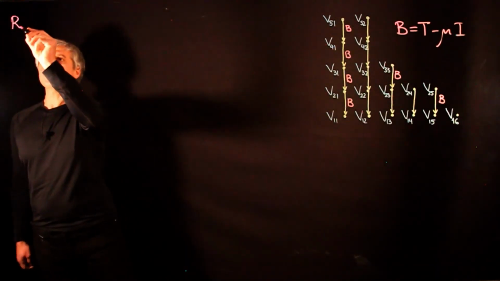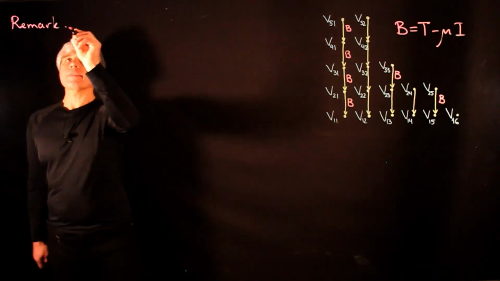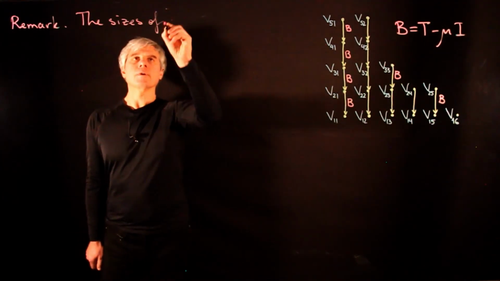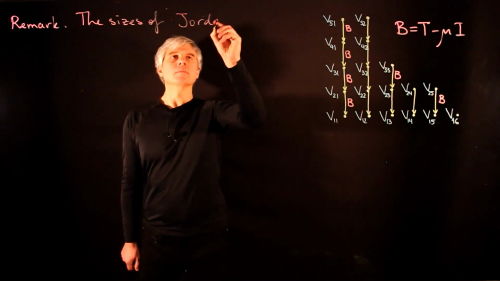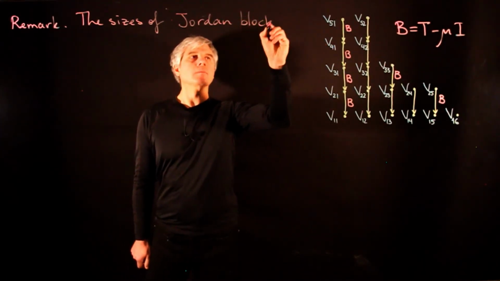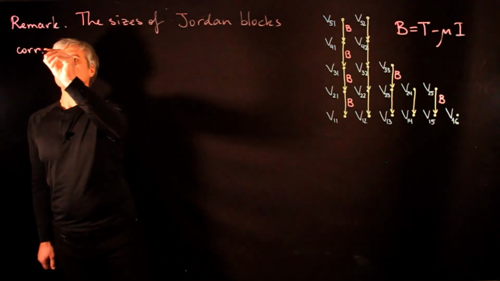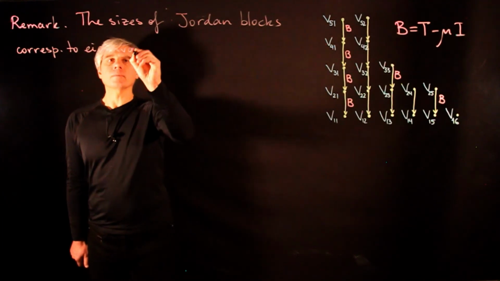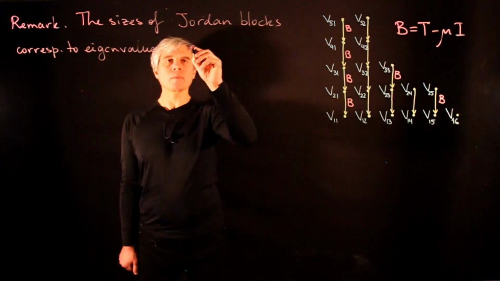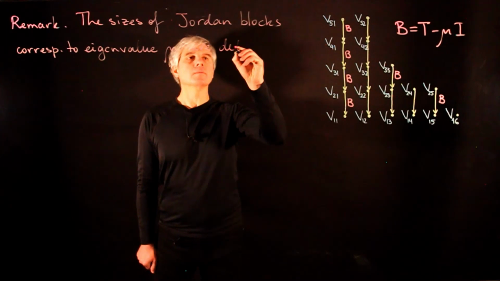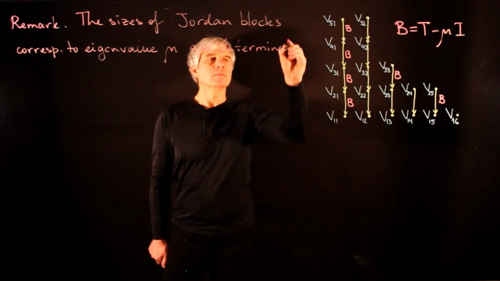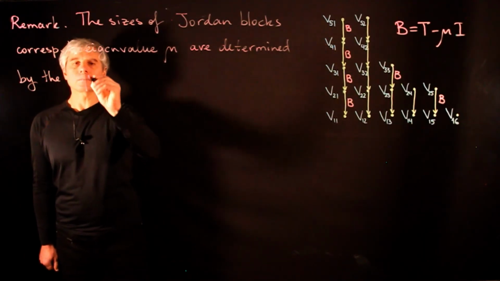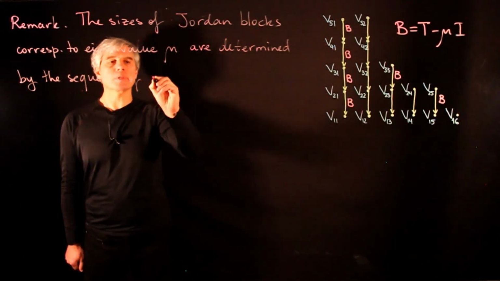Finally, we point out that the sizes of Jordan blocks corresponding to eigenvalue mu are determined by the sequence of numbers.